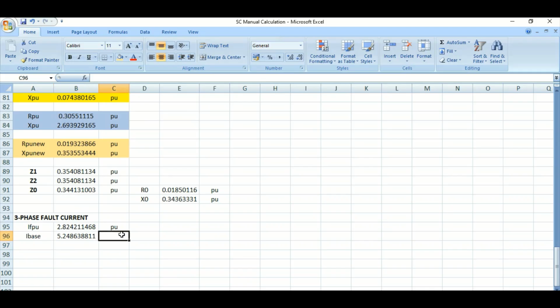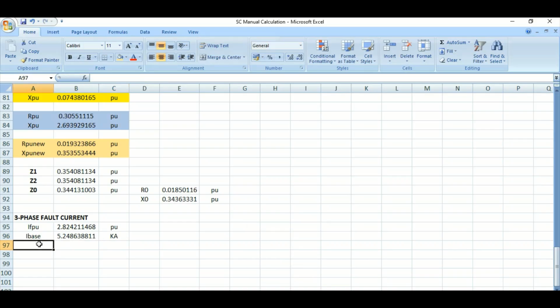So 5.24. Sorry, this is not PU. This is in kiloamps. This is the base current.